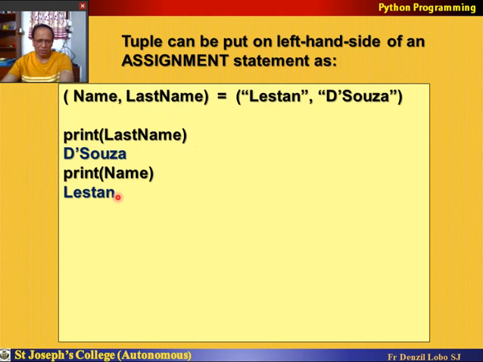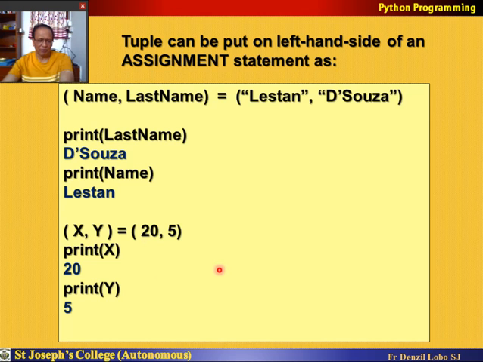Print name is going to print the first name. This way I can assign these values to these two variables. So for example, x, y = 20, 25. Naturally, print x will print 20, and print y is going to print 25. Therefore, tuples can be put on the left hand side of an assignment statement.